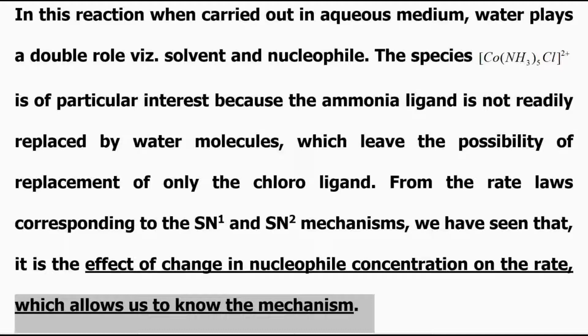So, if I combine these two statements, then a single statement will be: just find out whether the change in concentration of nucleophile changes the rate of the reaction or not. If it changes, then the mechanism is SN2. If it does not change, then the mechanism is SN1. That is how it goes.